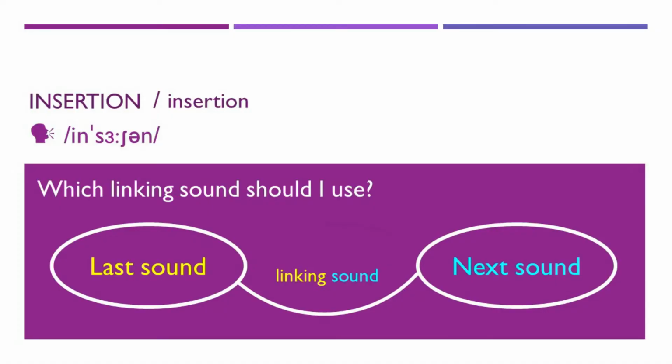We are able to use the linking sound to join two different sounds because at the beginning of the linking sound, the mouth position is going to be the same as the sound that comes before it. By the time we get to the end of the linking sound, the mouth position is going to be the same or similar to the sound that follows it.